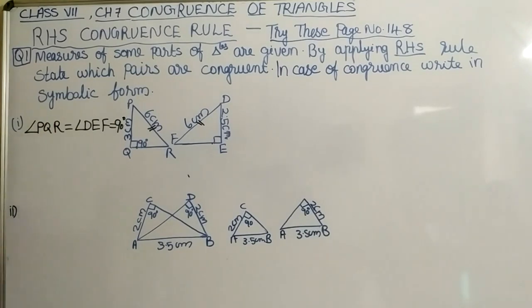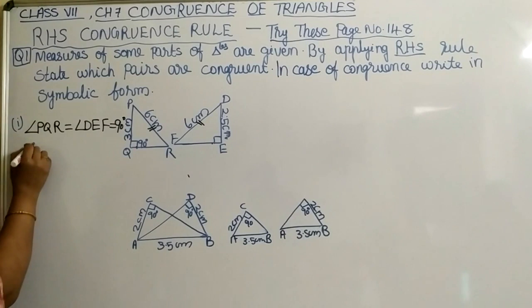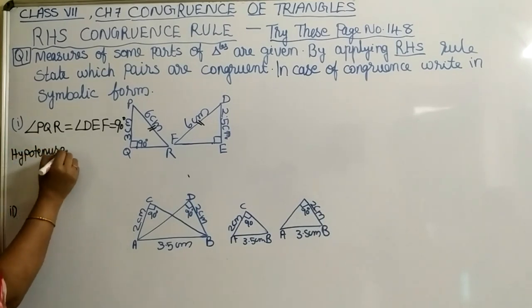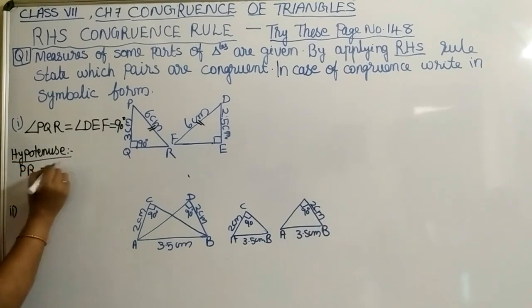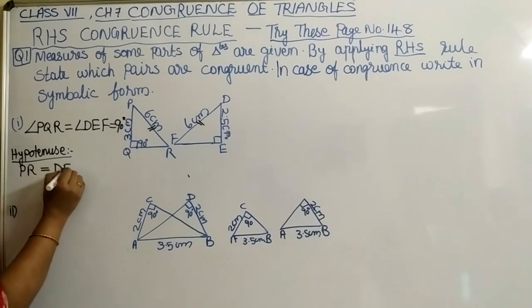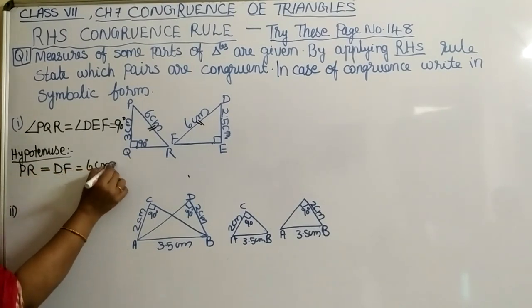What is the second one? Hypotenuse. We identify the hypotenuse. That is PR. We can write like this, hypotenuse PR equal to, here the hypotenuse is DF equal to 6 centimeter.